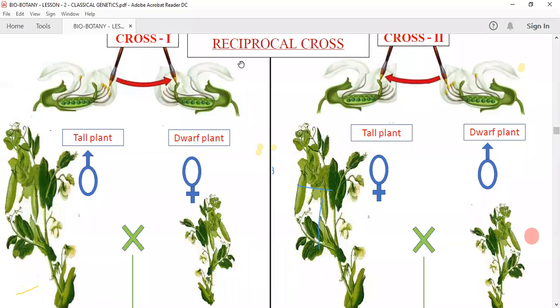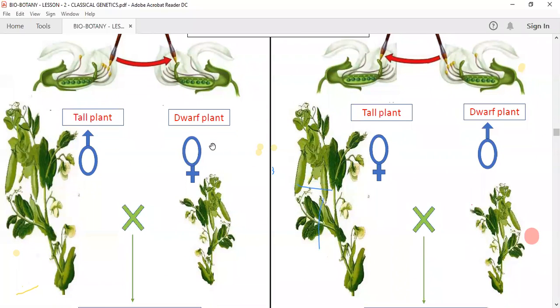This is cross one and this is cross two, the reciprocal cross. In cross one, we consider the tall plant as male and the dwarf plant as female. So the sexes are different, but we are considering the male plant as tall and the female plant as dwarf. So here we are doing the cross.